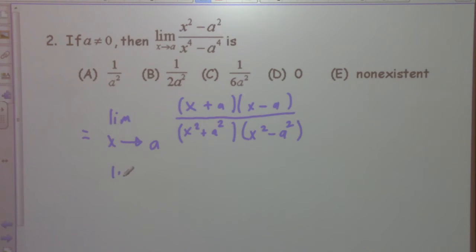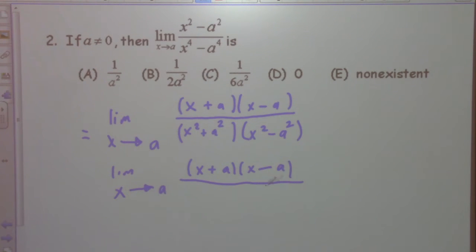The limit as x approaches a, and we have this x plus a here. Okay, I'm going to try to get it right here. x plus a, quantity x minus a.